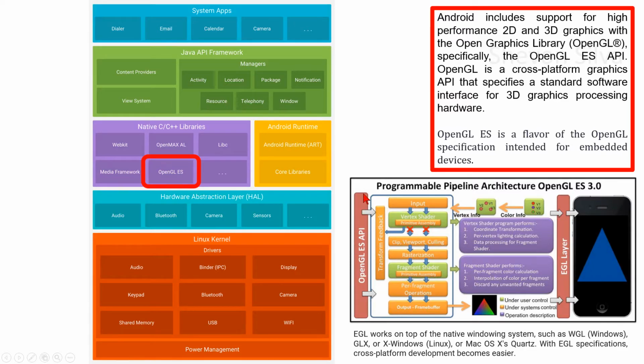Here you can see the programmable pipeline architecture of OpenGL ES 3.0. The OpenGL ES API is here, and input is here, and it moves to the vertex shader and primitive assembly, and it is also connected to transform feedback.